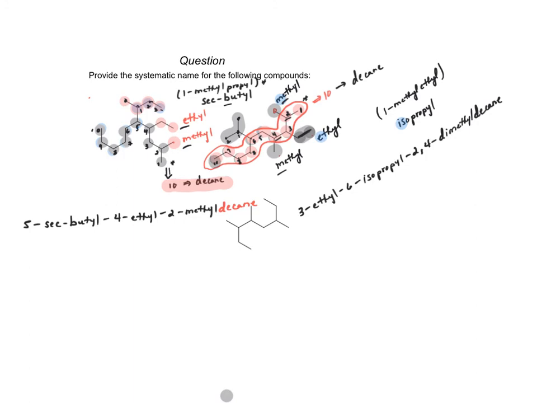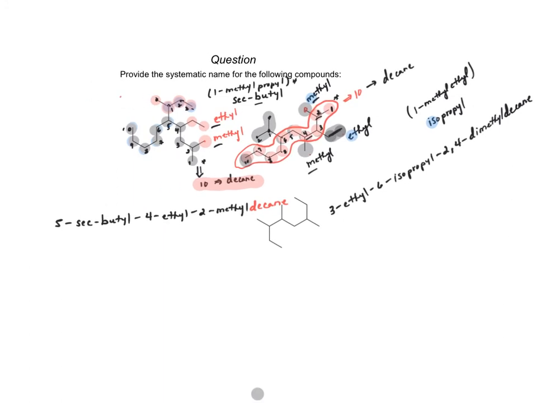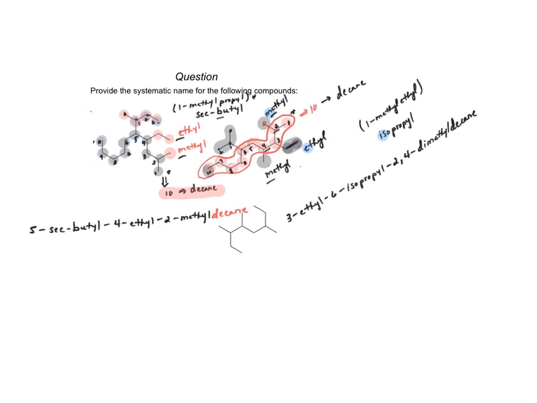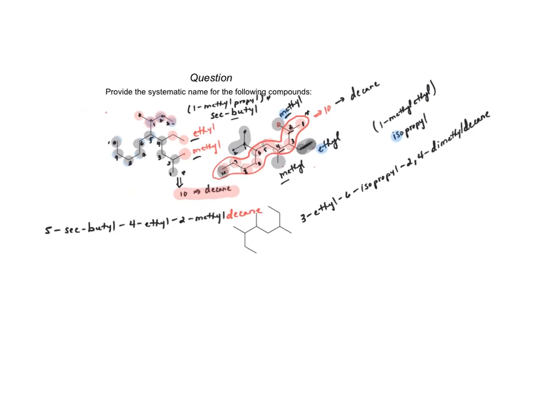And so, yes, you have probably already started emailing me about how I was wrong on that. But my bad. Okay, so we have 3-ethyl, 6-isopropyl, 2,4-dimethyldecane as the final answer for this one. And then you guys saw it was 5-sec-butyl, 4-ethyl, 2-methyldecane for the first one.